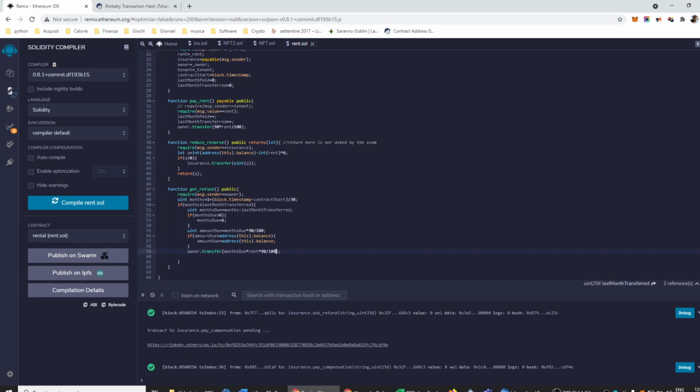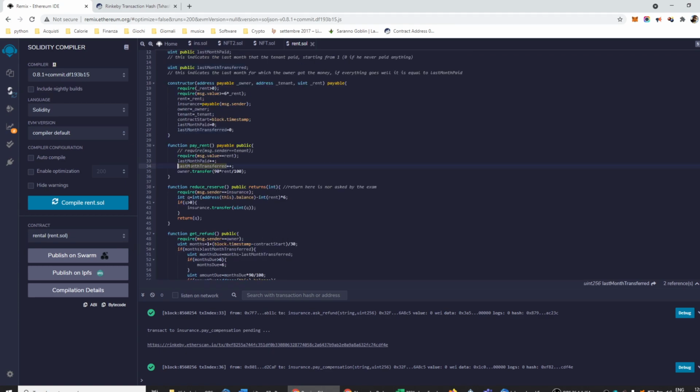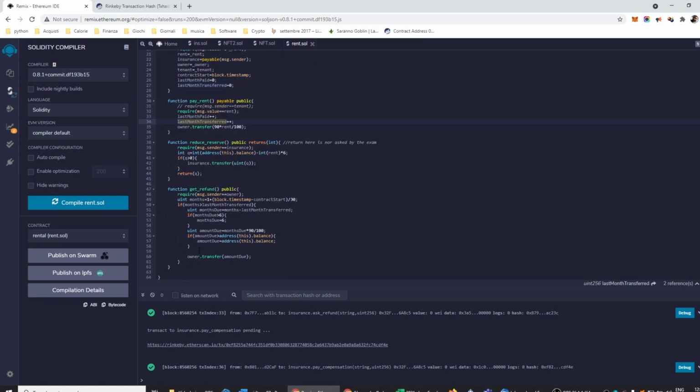Okay, and finally we can pay this amount of money. So after checking that we don't exceed 6 months, we can pay. Wait, before paying it, we update the fact that we paid him, because we update last month transferred.